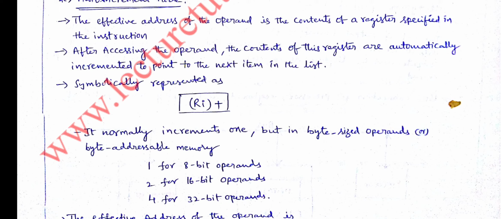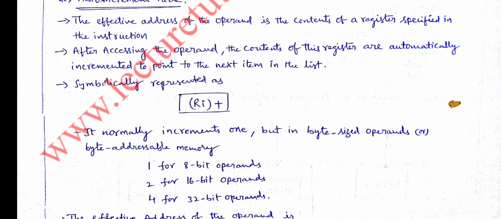After completion of 2000 content, it automatically goes to 2001, right? That is auto increment, symbolically represented as (Ri)+. It means Ri is equal to Ri plus 1, right? The value of Ri is incremented by 1.